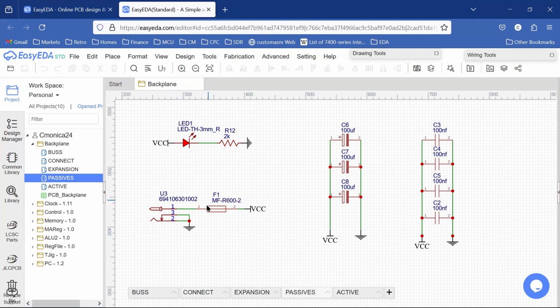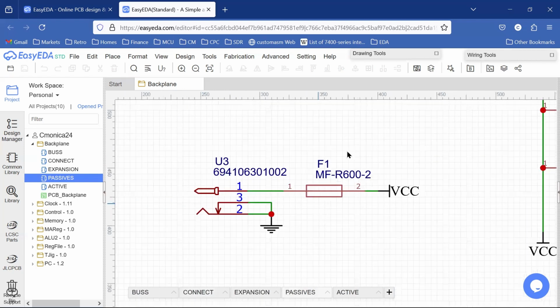And we're also including here a resettable 6-amp fuse. So I've done some estimation on what the power draw for the whole computer is going to be, and it's going to be about 4.5 amps is my estimate.